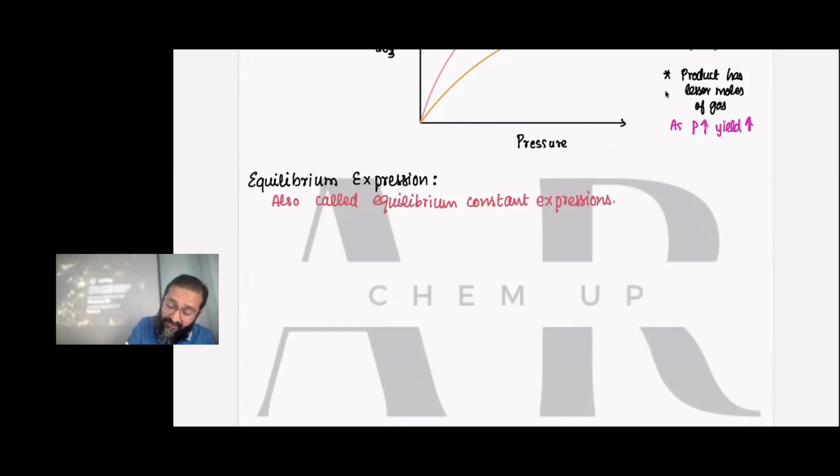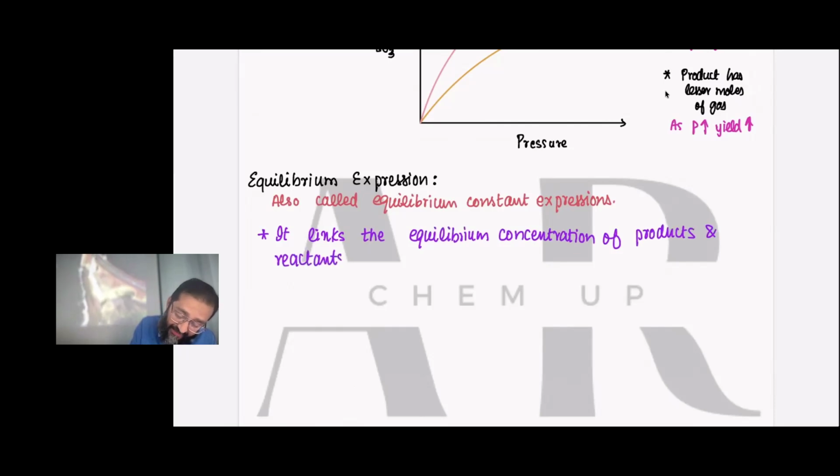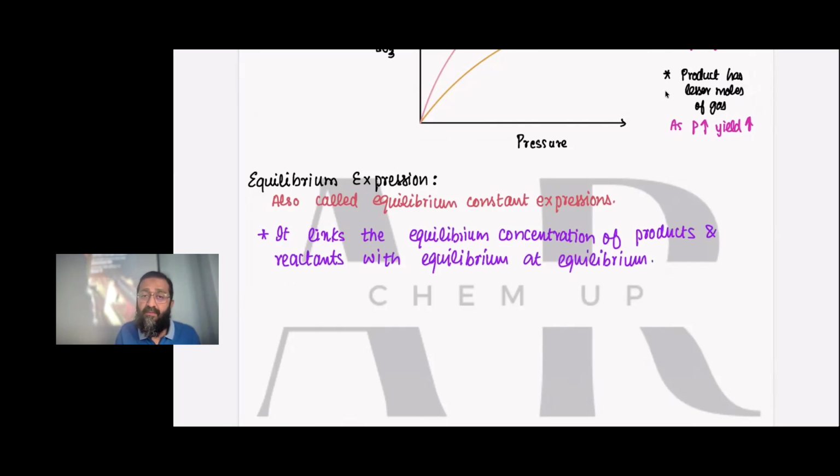So what they usually do is link the equilibrium concentration of products and reactants with the equilibrium constant at equilibrium.